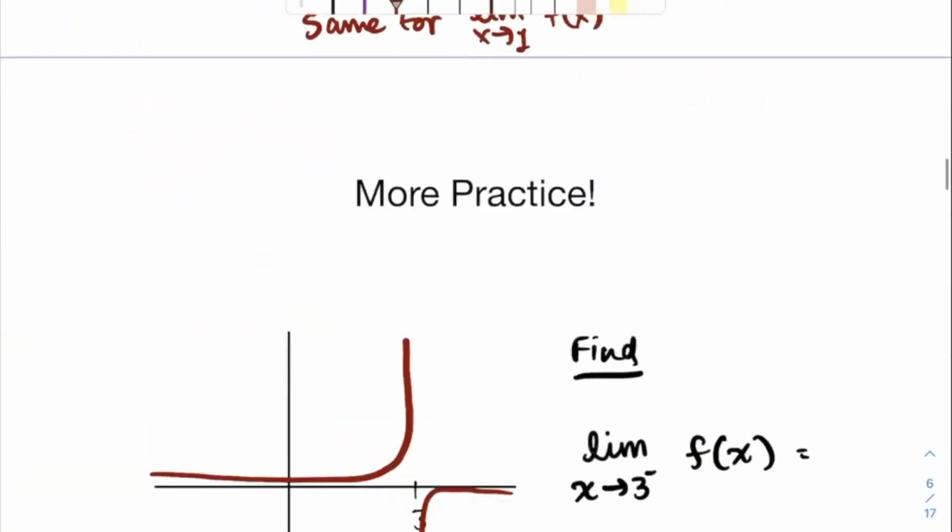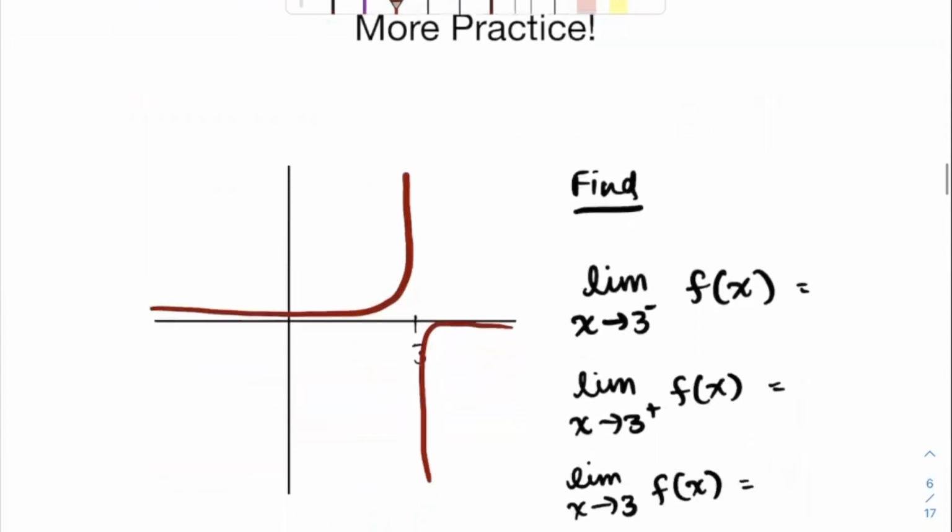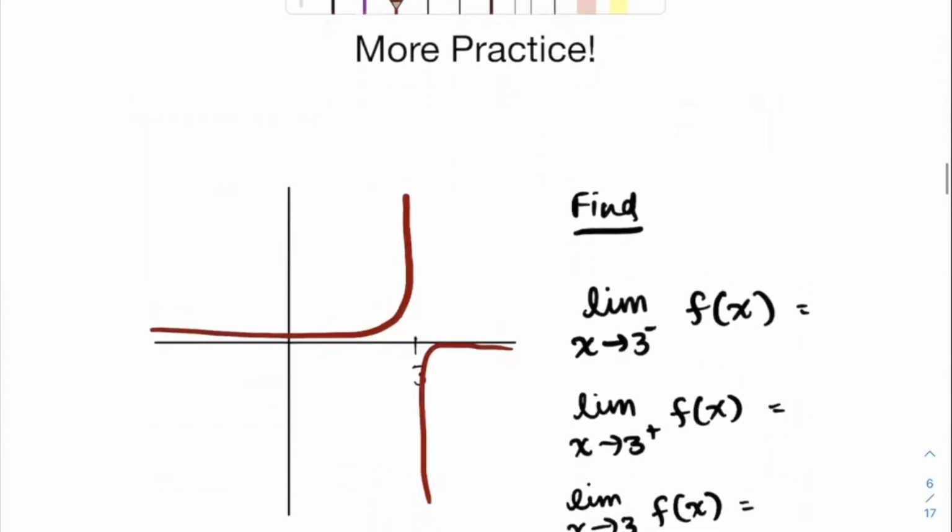All right. We have 2 more practice problems now. So I'm just going to pause for a second here and let you think about the problem, and I'll give the answer in a couple of seconds again. So we've got this hyperbola, and we've got 2 parts, and this asymptote is at 3.